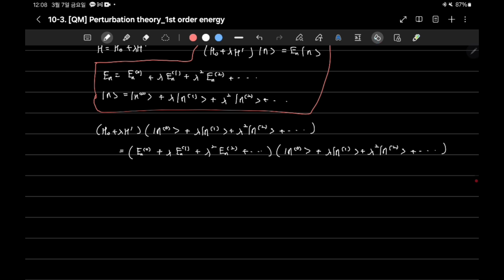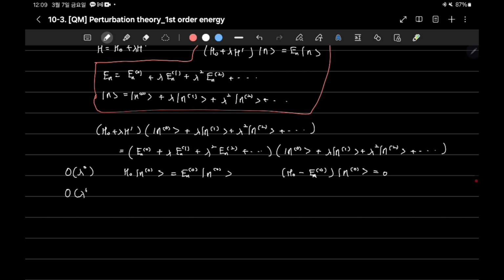We can expand, and there are many terms, so we categorize them by order of lambda. In the zeroth order of lambda, H0 |n0> equals En0 |n0>. It means that (H0 minus En0)|n0> equals 0.